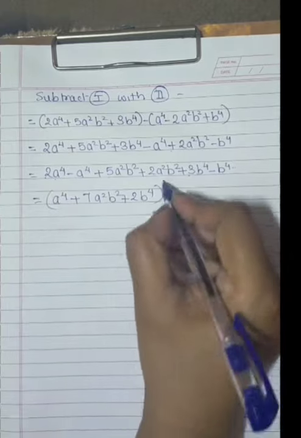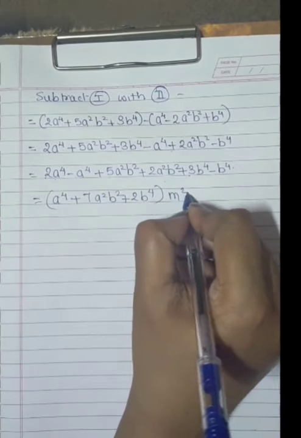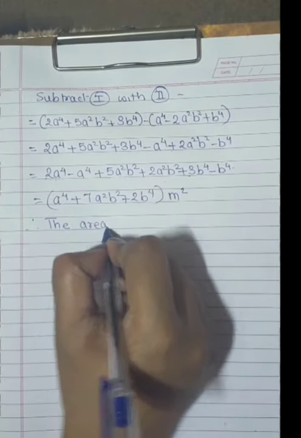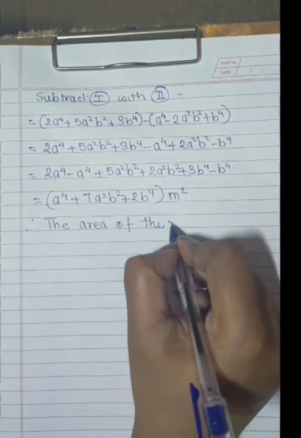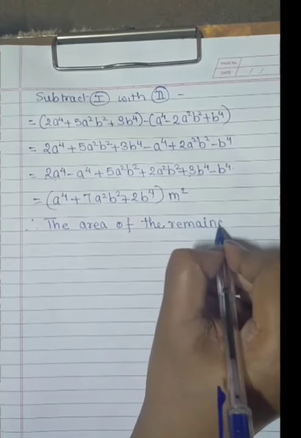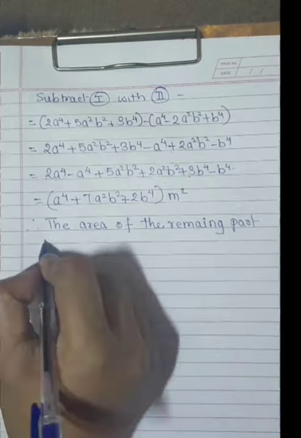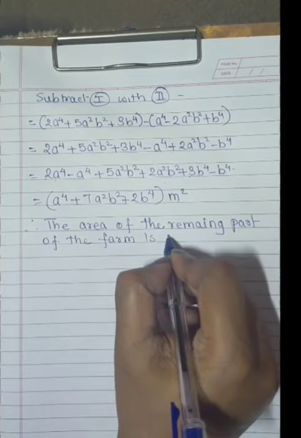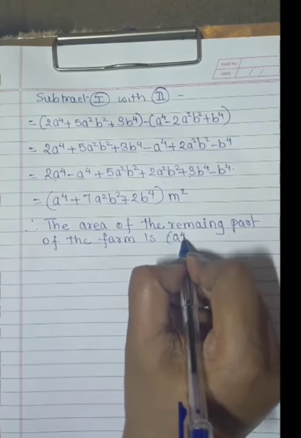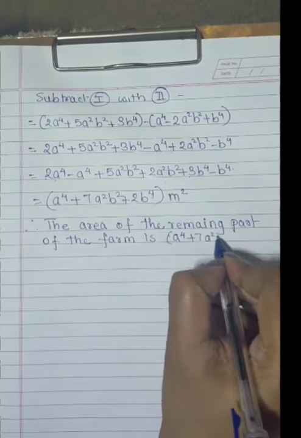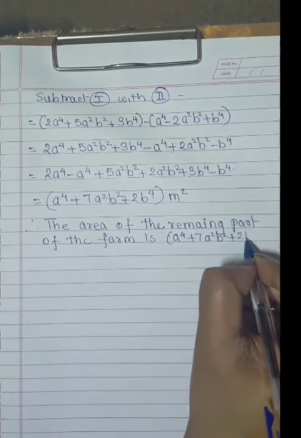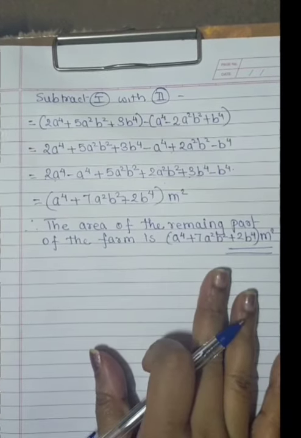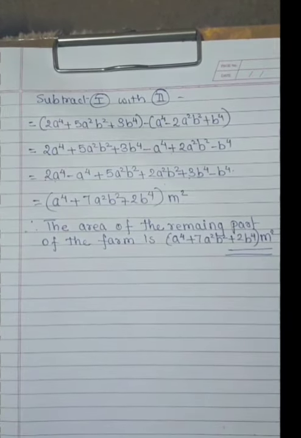This is our meter square. So therefore the area of the remaining part of the farm is a to the power 4 plus 7a square b square plus 2b to the power 4 meter square. We got the answer for question number 6.